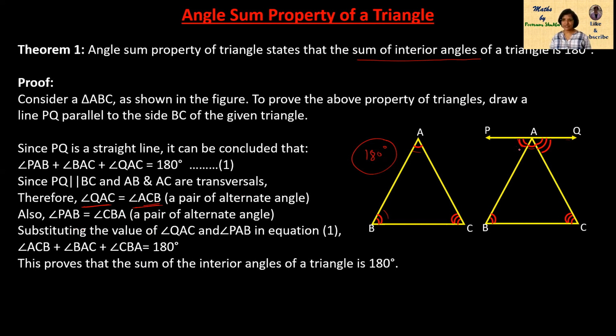Also, for the transversal line AB, we can find angle PAB equals angle CBA. These two angles will be equal, which I have shown with two lines and three lines, so you can clearly find which angles are equal. For AB transversal these angles are equal, and for AC transversal these angles are equal because these are the alternate interior angles.